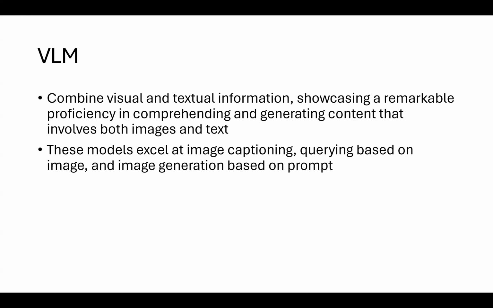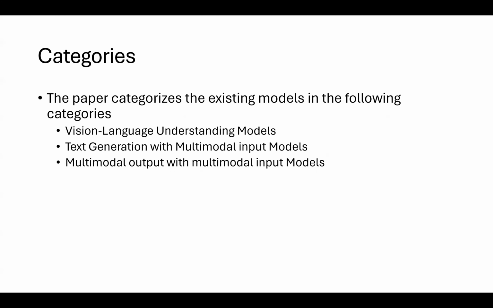These models are really good at captioning an image, and querying an image based on your prompt. So you can ask where a particular thing is present in the image, and it can identify that. And then image generation based on prompts. If you have used GPT before, you are familiar with DALL-E, or Adobe has their Firefly. That's basically image generation based on prompt. Those things are vision language models.